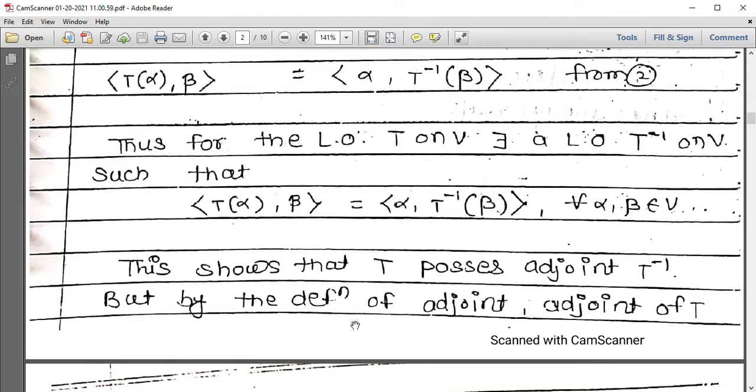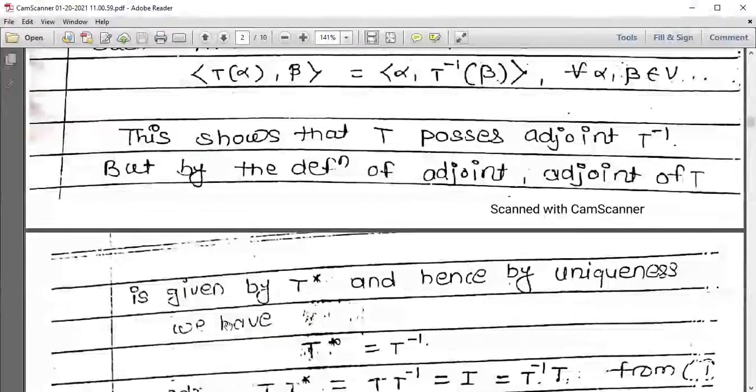But by the definition of adjoint, the adjoint of T is given by T star. We discussed in the previous lecture that the adjoint of T is T star. And hence, by uniqueness, T star must be unique.